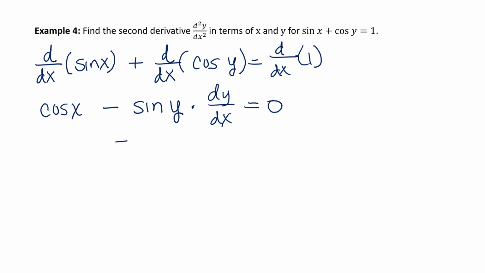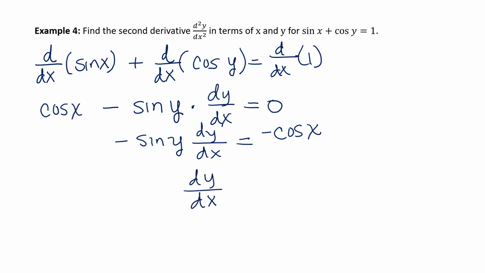We can write this negative sine y dy/dx is equal to, subtracting the cosine from both sides, minus cosine x. Isolating the dy/dx, you get minus cosine x divided by minus sine y.